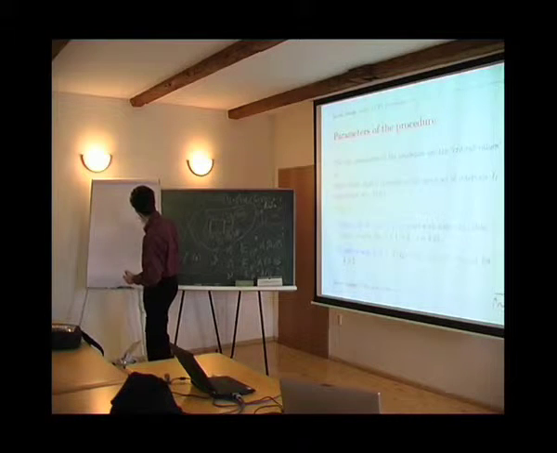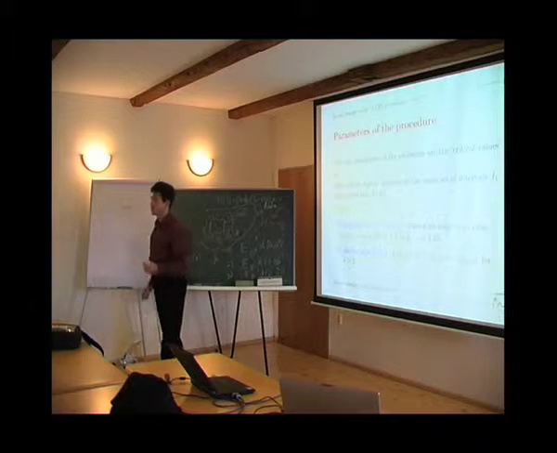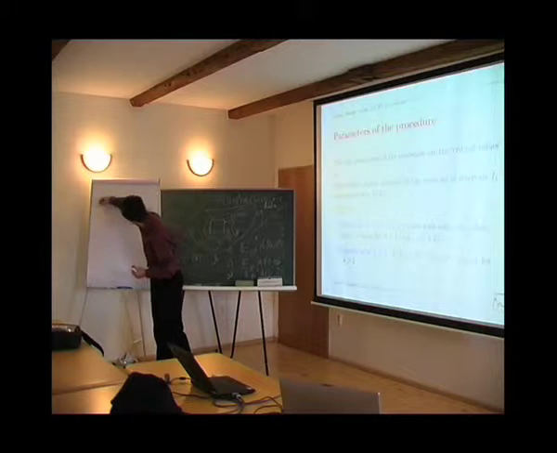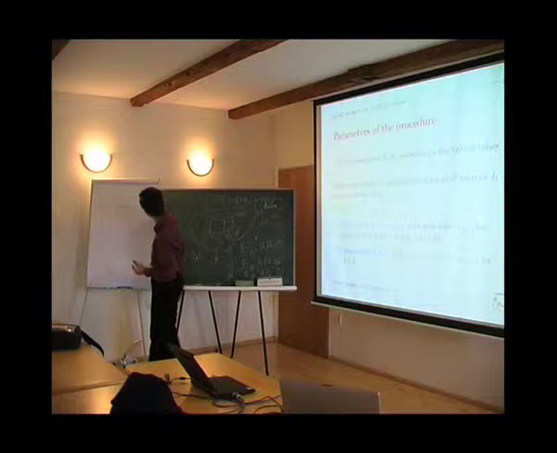I3, and each time you check all these points as candidates of change point. So this is a candidate of change point for interval I. This is tau, this is j, and this is j complement.